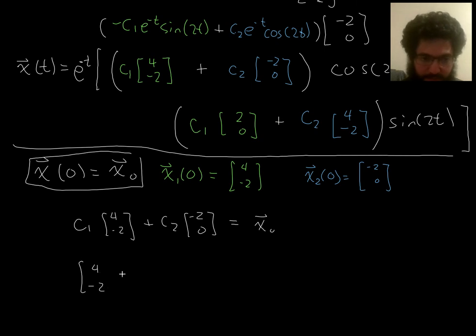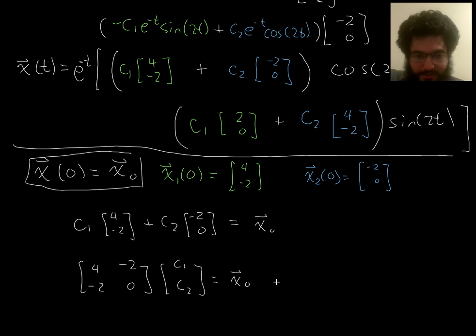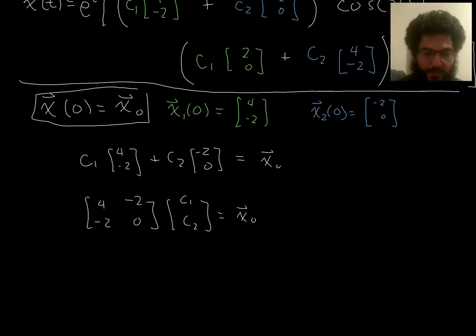It's this matrix times the vector c1, c2 equals the vector x naught, right? So then how do I find out what c1 and c2 are? Well, a quick and easy way is to invert the matrix. And even if you're not plugging things into a computer, this still saves you algebra steps.